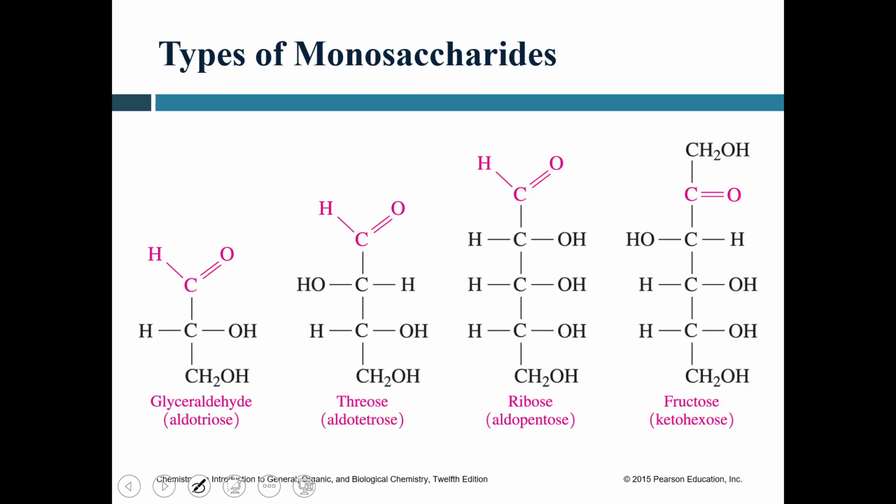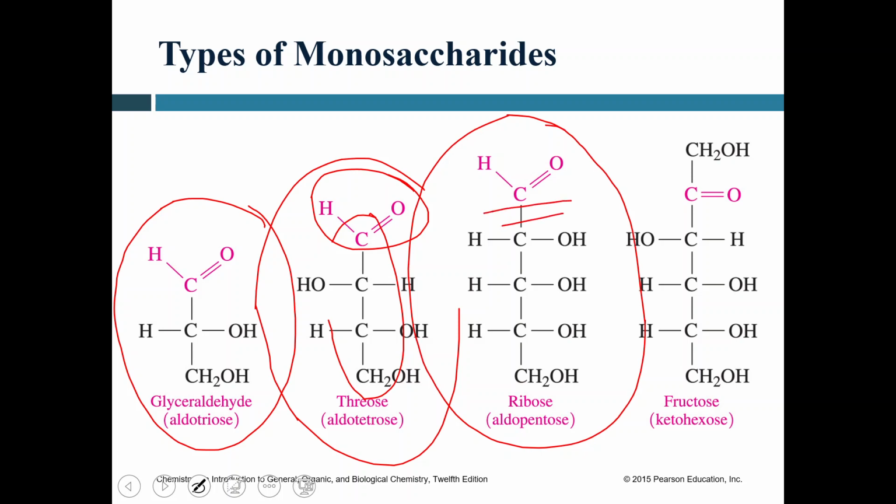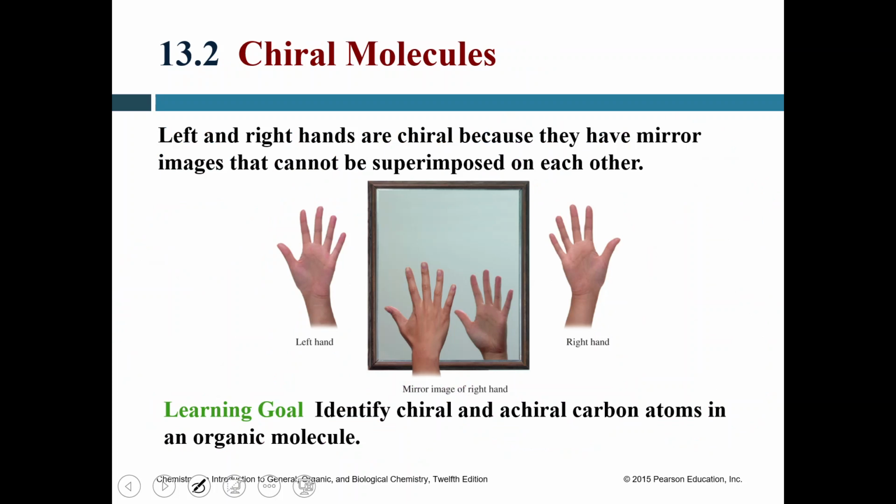Here are some examples. Glyceraldehyde is an aldotriose. Threose is an aldotetrose, 4 carbons, aldehyde group. Ribose is an aldopentose, 5 carbons, one of them is an aldehyde group, and fructose is a ketohexose, 6 carbons with one of them in the ketone group.